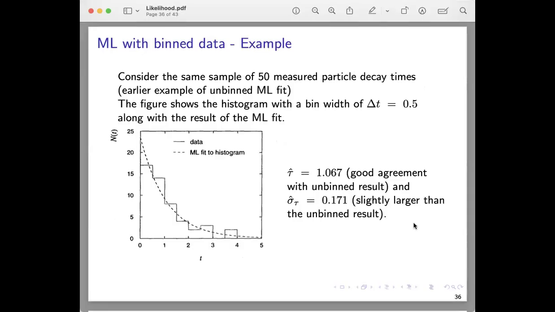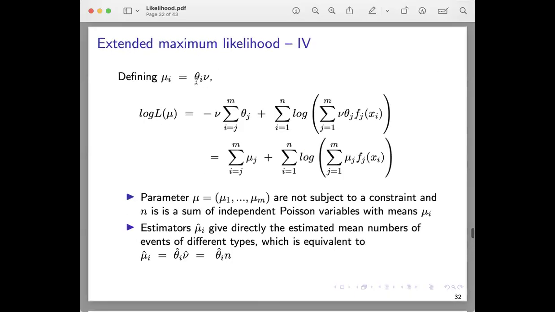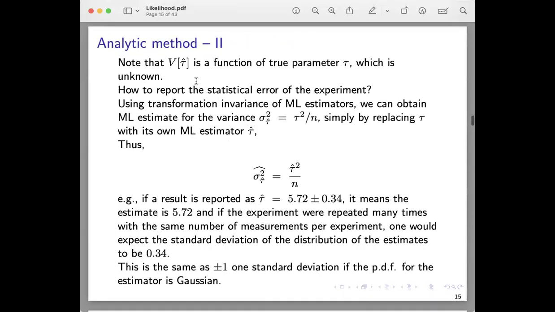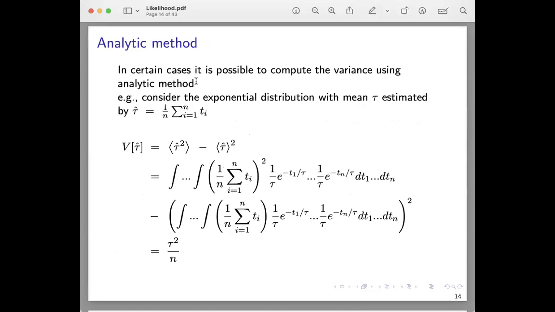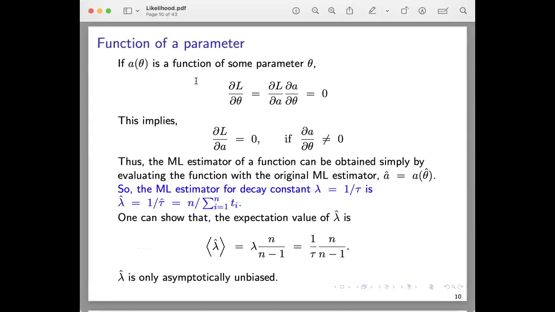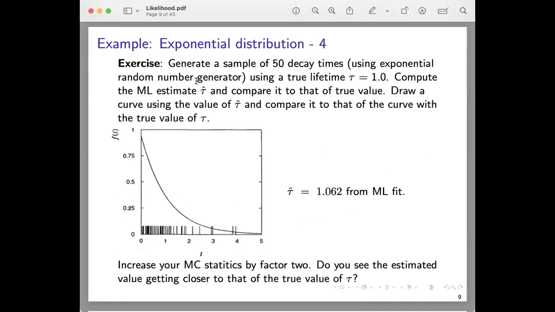Now here is the example for a sample of 50 measured particle decays. This is the same example that we did earlier with the unbinned fit.